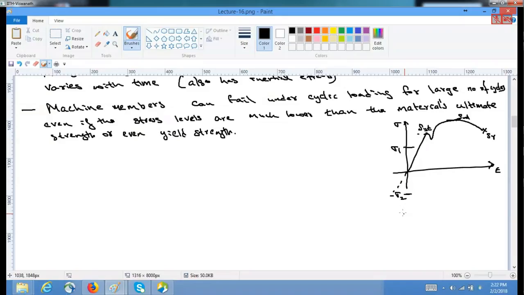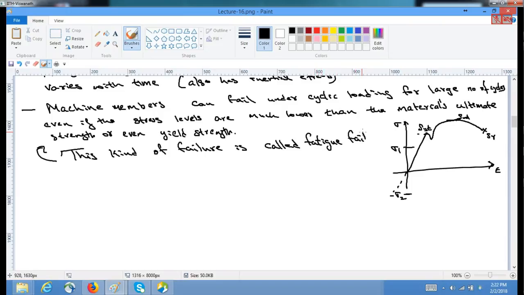So when you go back and forth, even well below this SYT, after a repeated number of cycles, it may be a very large number of cycles, or a low number of cycles, but after a few cycles, even though operating at much less than these two values, the material tends to fail, and this kind of failure is called fatigue failure.